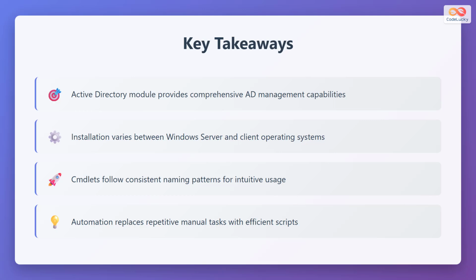Third, cmdlets follow consistent naming patterns like New, Get, Set, and Remove, making them intuitive to use once you understand the pattern. Finally, automation replaces repetitive manual tasks with efficient scripts, saving time and reducing human error. In the next videos, we'll dive deeper into specific scenarios and advanced techniques for managing Active Directory with PowerShell.